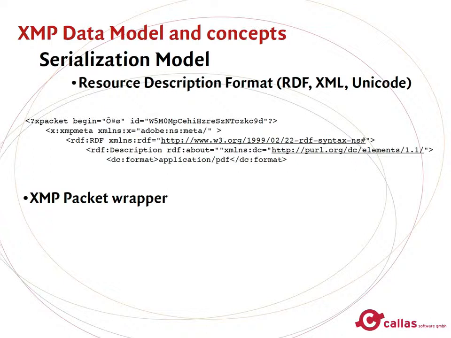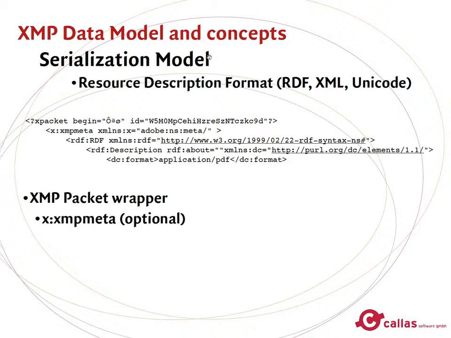This wrapper is mainly for identifying the XMP stream inside the data format, because XMP is built for embedding in native data formats that not necessarily have to understand the XMP format, and therefore they have invented this XMP package wrapper to easily locate the XMP metadata.